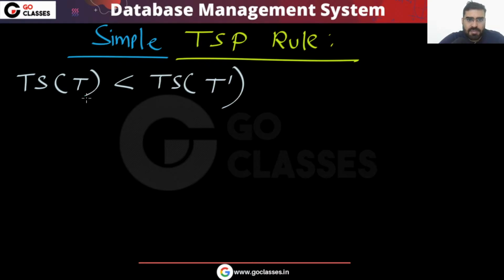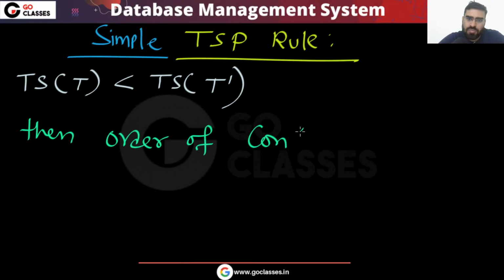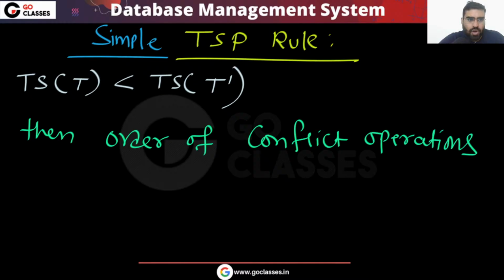Then what does TSP say about the order of conflict operations in any schedule?